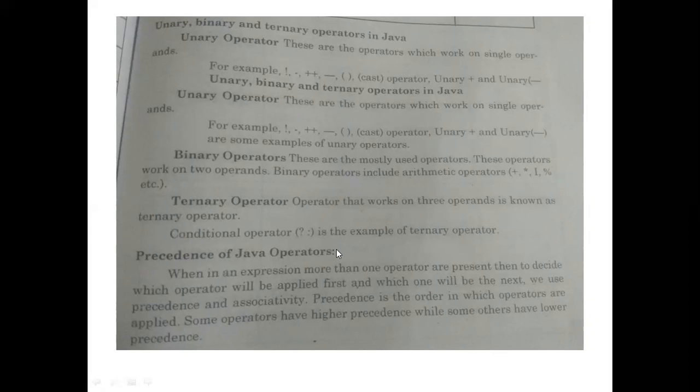When in an expression more than one operator is present, then to decide which operator will be applied first and which one will be next, we use precedence and associativity. Precedence is the order in which operators are applied. Some operators have higher precedence and some others lower precedence.